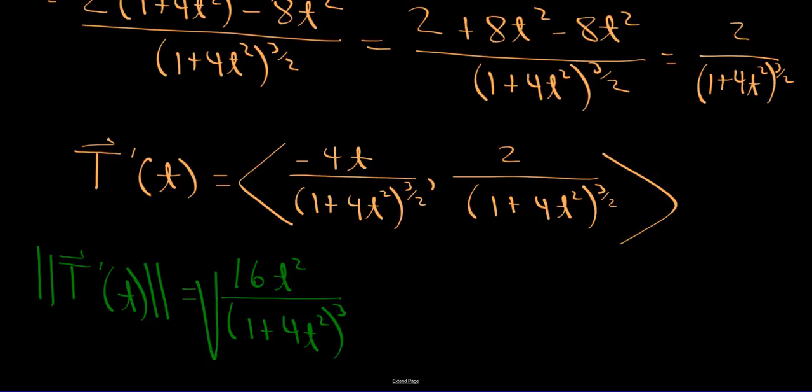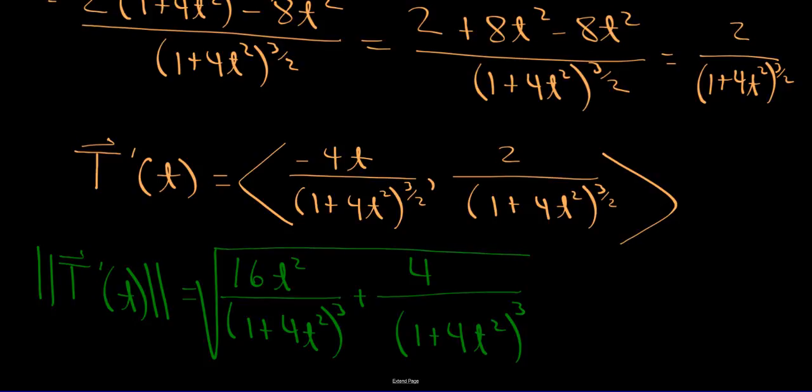Now remember, there's a radical around this. Don't forget that, right? So I squared that plus 4 over 1 plus 4t squared to the 3rd. Okay, that's the magnitude.